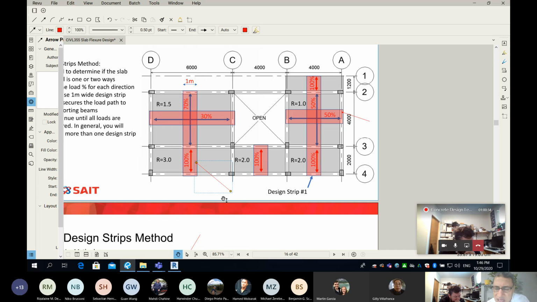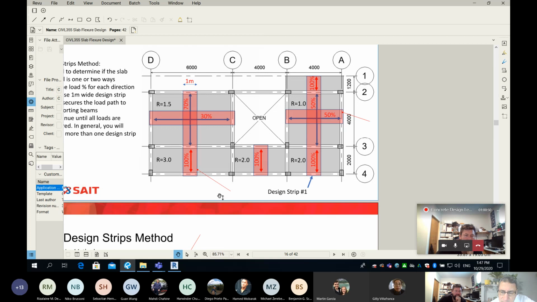Is it simply supported, a cantilever, or a continuous beam? Any help? This design strip over there, I'm pointing to my design strip right now. Is it cantilever, or simply supported, or continuous?